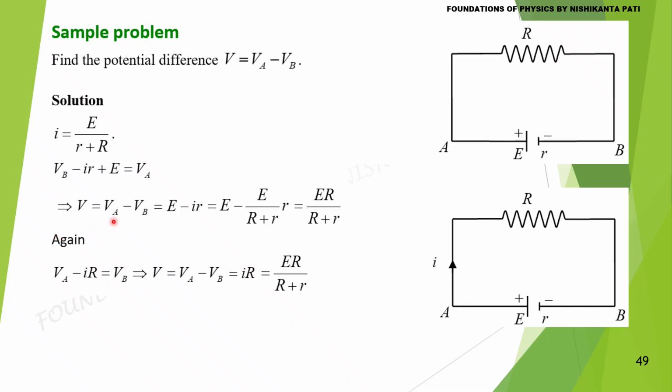This implies V equal to VA minus VB equal to E minus IR. Putting the I value, we get V to be this much. Instead of moving along this path, we can also move along this path. If we move along this path, then it will be VA minus IR equal to VB. This also implies V equal to VA minus VB, the same result.